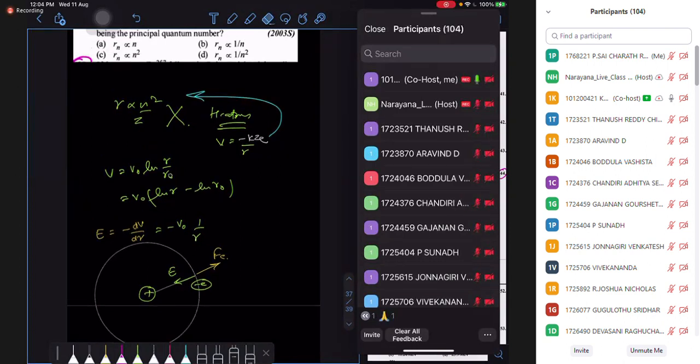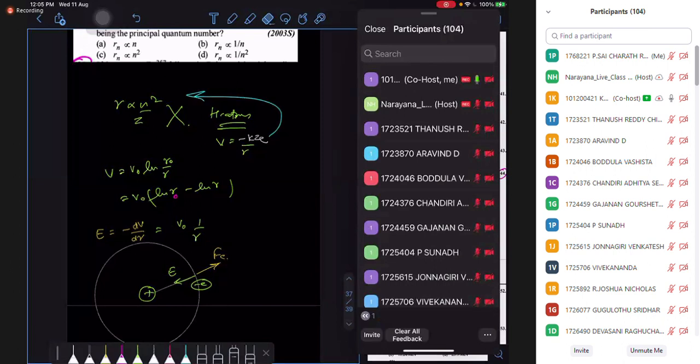I'm just taking R naught above and R below. The reason is that this is making the potential unstable. Sometimes in book printing they make mistakes. IIT is not asking this. This mistake is not from IIT. Only the book has the mistake.